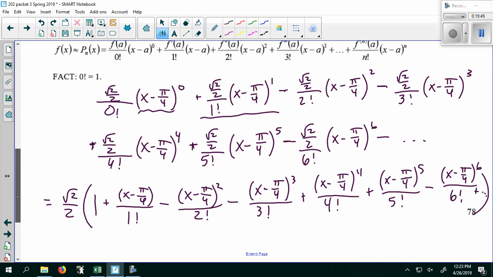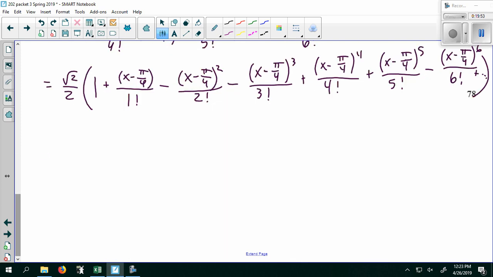All right, so if I want to write this in sigma notation, this is root 2 over 2 times the sum. And every term looks like x minus pi over 4 to a power. So my first power is 0 because this one term is actually an x minus pi over 4 to the 0 power.